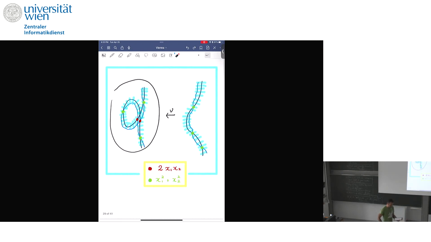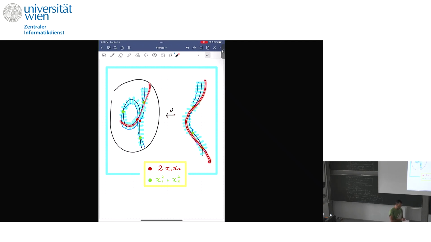So let me show a picture for that. Suppose that you have a divisor here in dark blue that has a self-intersection, and you'd like to compute the self-intersection of this divisor. How could you do it? Well, one thing you could do is consider the normalization of this divisor.